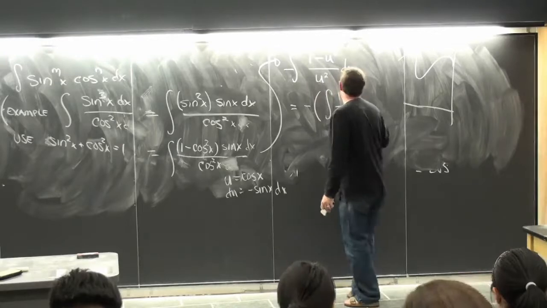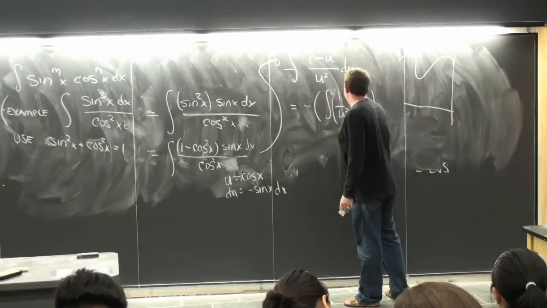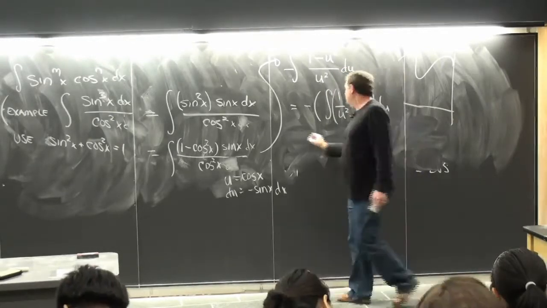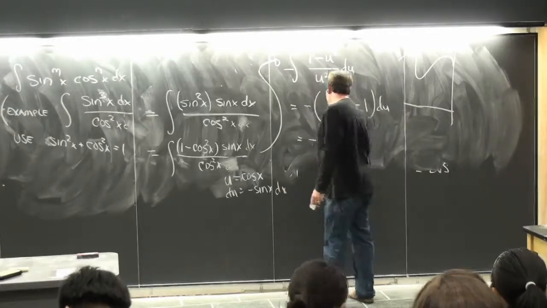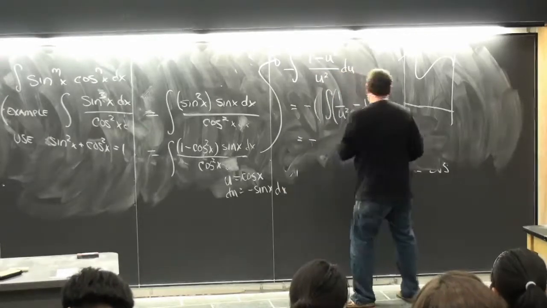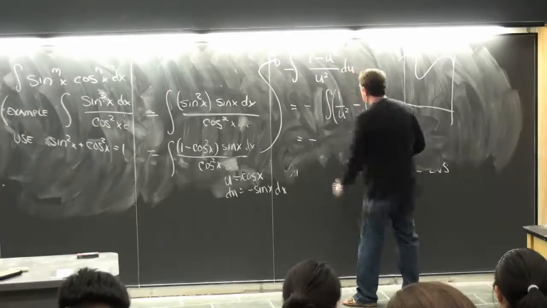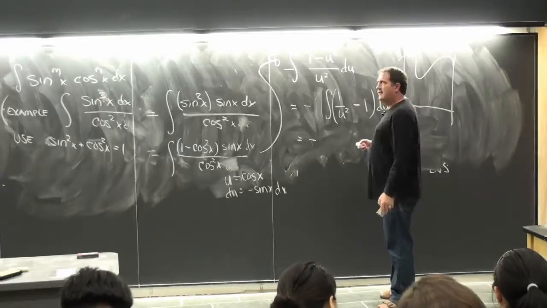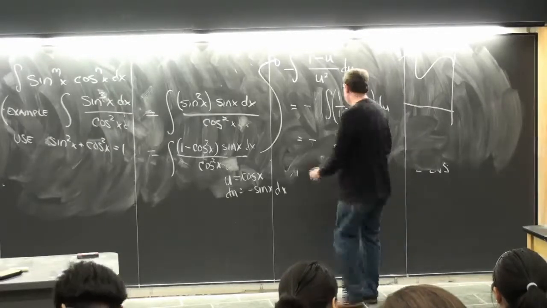And that integral is easy. Split it up. And so now it's negative of, let's see, don't need that. Negative of 1 over u.